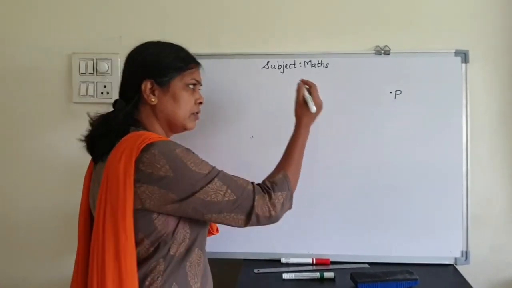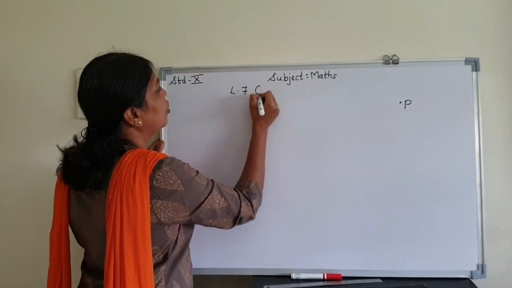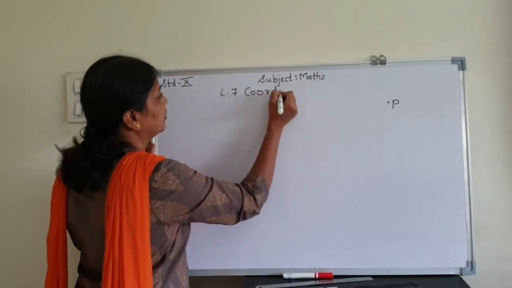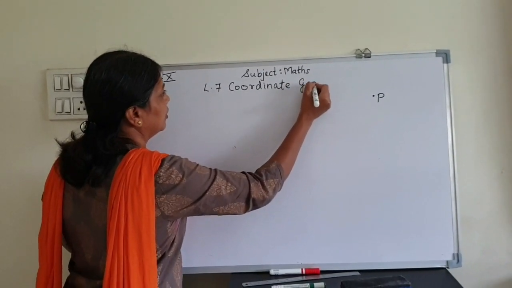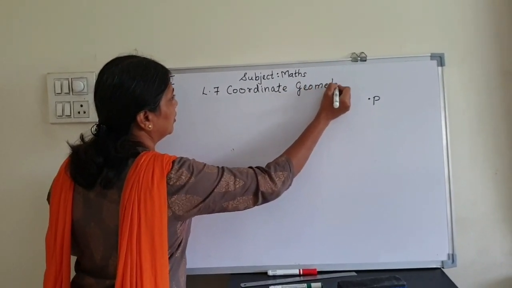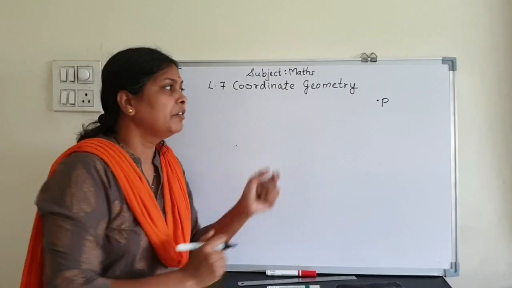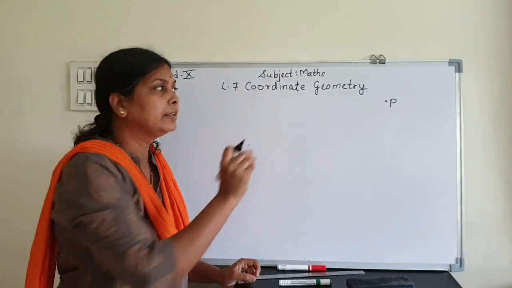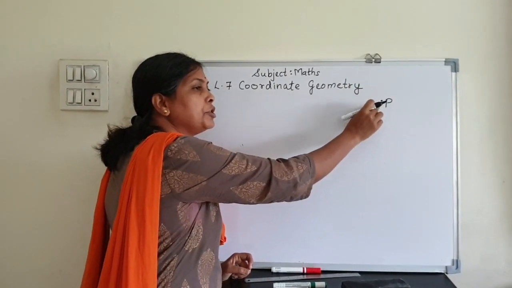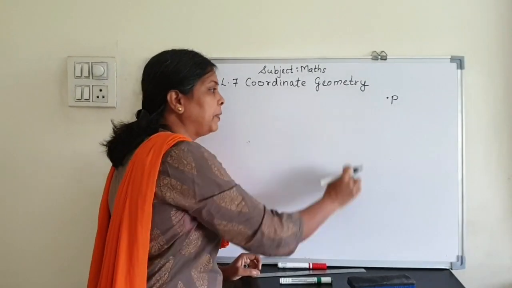That is Chapter 7, coordinate geometry. Now here, what is the main purpose of coordinate geometry? That is to locate the position of a point on a given plane.